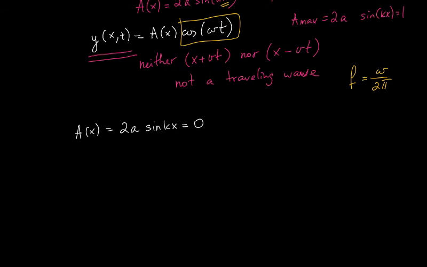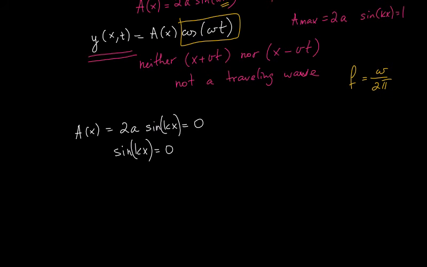The sine function is 0 at angles that are integer multiples of pi.